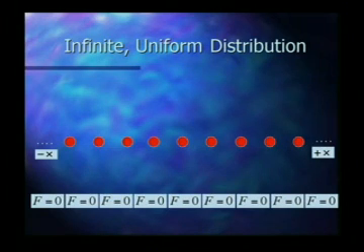Imagine this line of masses extending to plus and minus infinity. Such a line has no center. Another way of thinking about it is any place on that line is just like any other place because the particles extend to infinity in both directions.